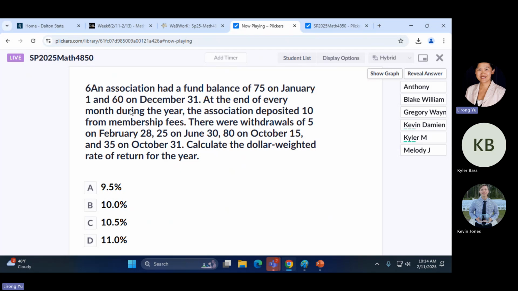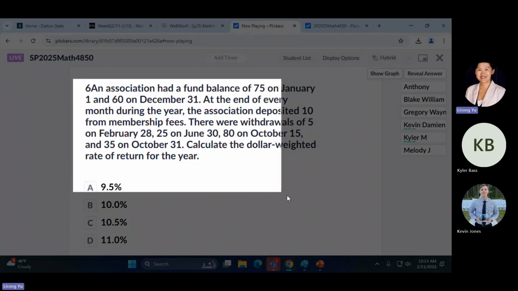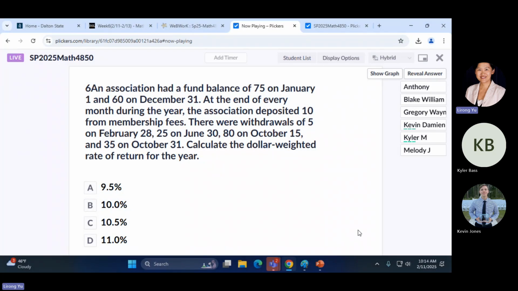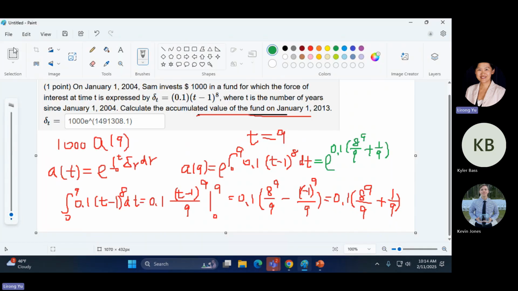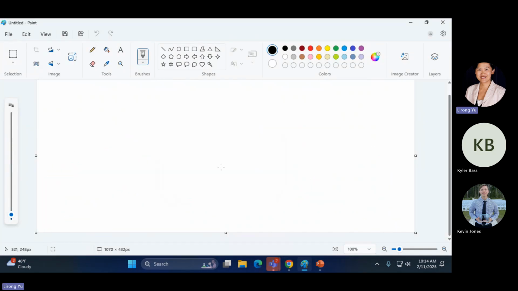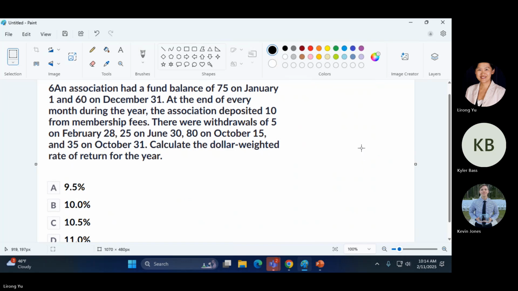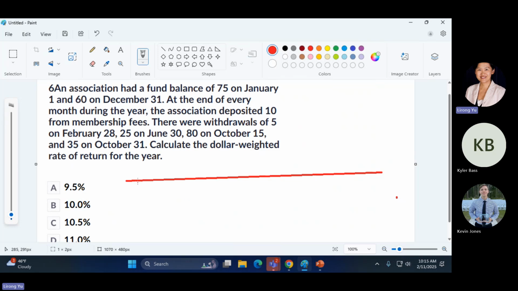It's also one of the questions on actual exams. So timeline, the beginning time is time 0. Opening balance at 75. December 31st is the end balance.